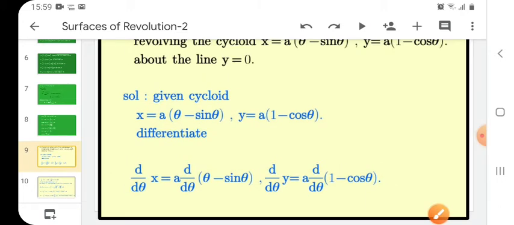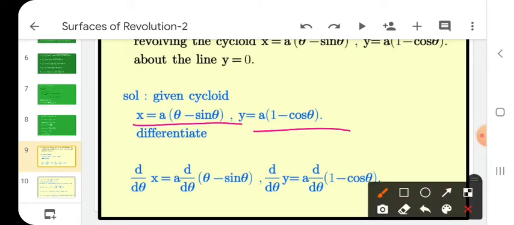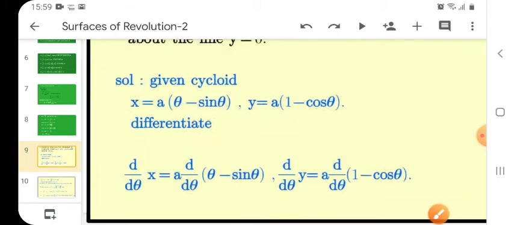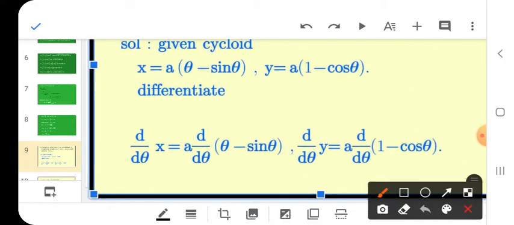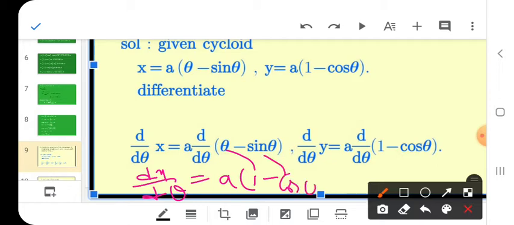See here, given x equals to this one, y equals to this one, differentiate. That means d by d theta of x equals to d by d theta of a into theta minus sin theta. Same, d by d theta of y equals to d by d theta of a into 1 minus cos theta. Tell me what is the differentiation? dx by d theta equals to a into, what is differentiation of theta? 1 minus, sin theta differentiation is cos theta.